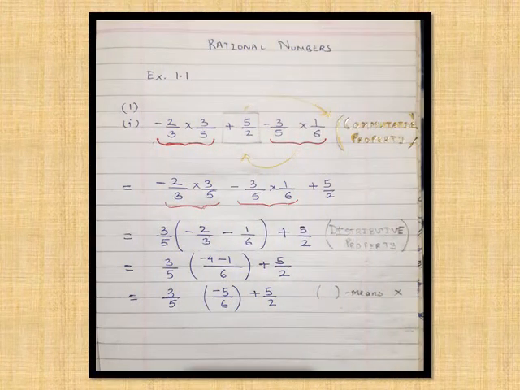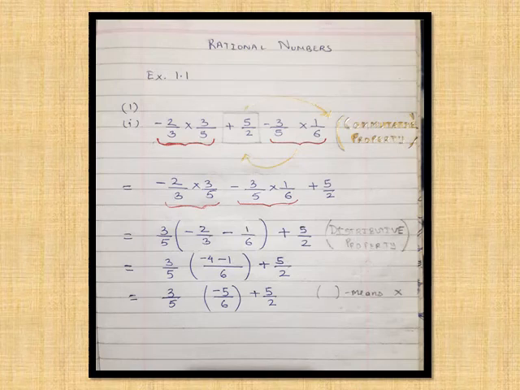Now when we have two same type of numbers, that is negative numbers, we have to add the numbers. So when we add 4 and 1, you get 5. Since the signs are negative, or they are both the same, the sign remains the same. So we get the answer as negative 5 upon 6 inside the bracket.